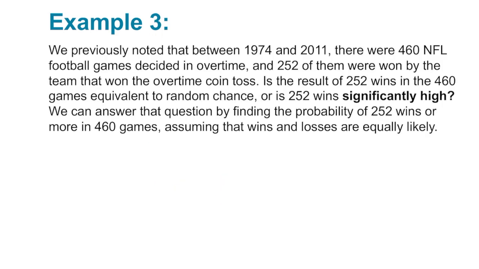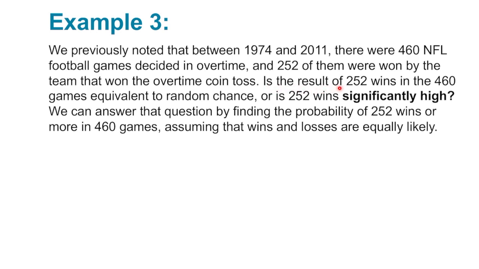Example 3. We previously noted that between 1974 and 2011, there were 460 NFL football games decided in overtime, and 252 of them were won by the team that won the overtime coin toss.